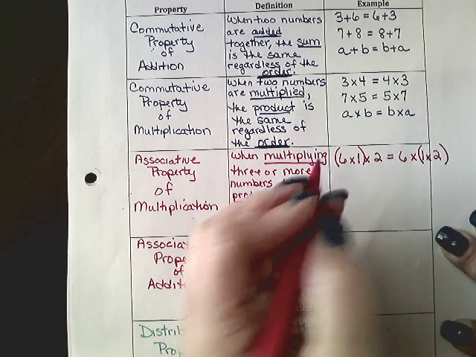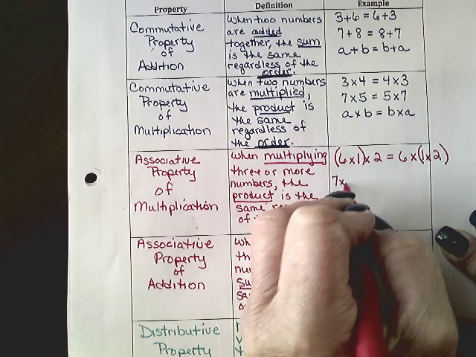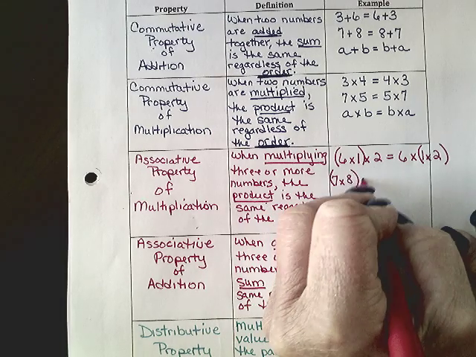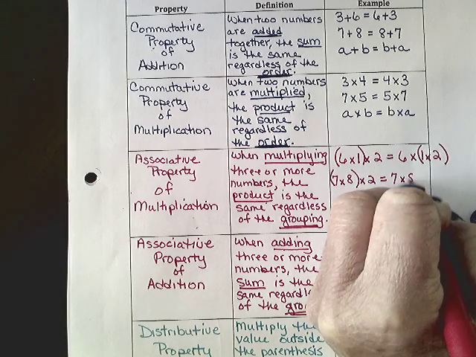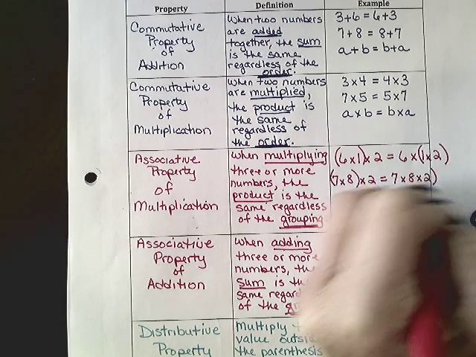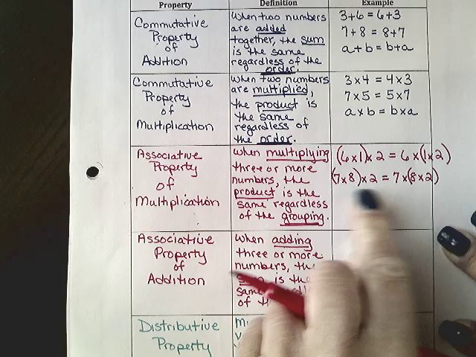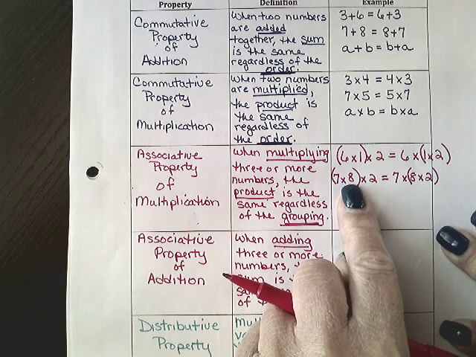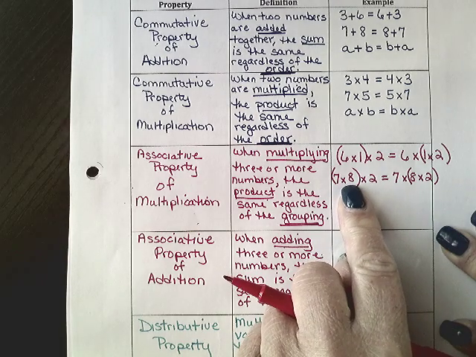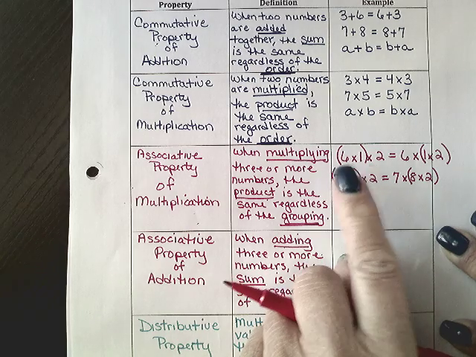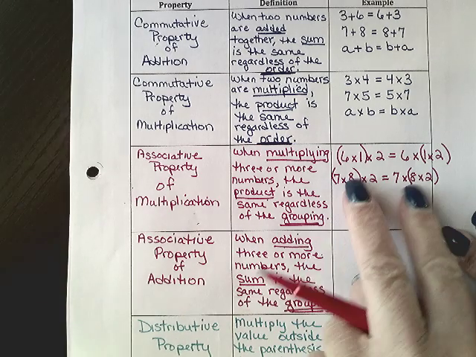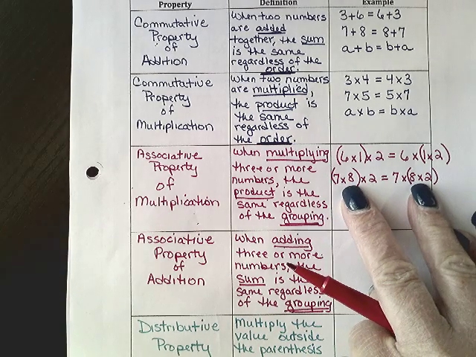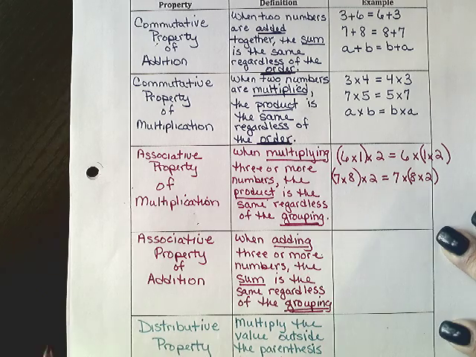So if I do 7 times 8 times 2, it would be 7 times 8 is 56, and 56 times 2 is 112. So these are going to be exactly the same regardless of where I put the parentheses.